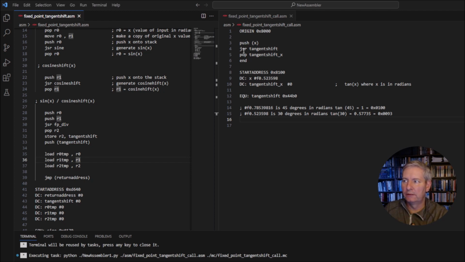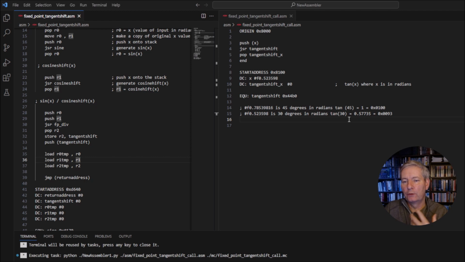So I've called this subroutine tangent shift. So it jumps over to the subroutine on the left, it runs through and it generates the tangent function. So it's going to generate it by first generating the sine of the function and then the cosine of the function and then doing the division and then returning the result. So when it returns the result, it will return it into this tan shift memory location.